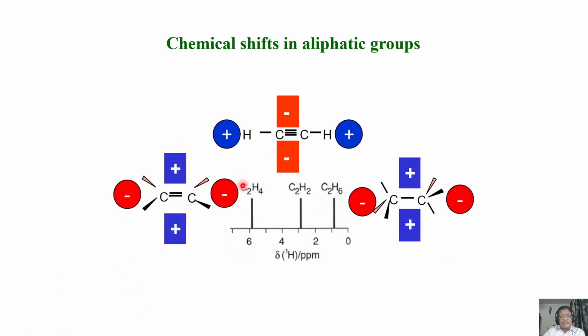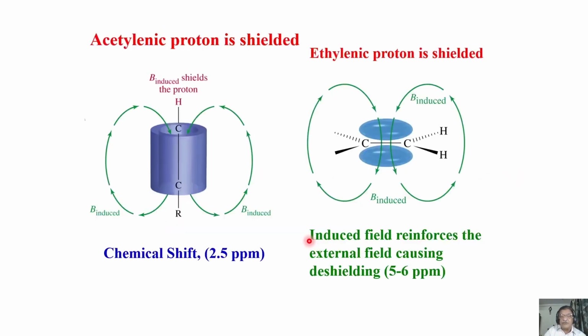As a consequence, C2H2 is deshielded more, coming close to 3 ppm, whereas C2H4 and C2H6 have different chemical shifts, because you are going in the axis of the bond. So this is what I just wanted to show. This is how acyclic proton shielding and deshielding can be explained. So we will stop here. We will come back and continue later.